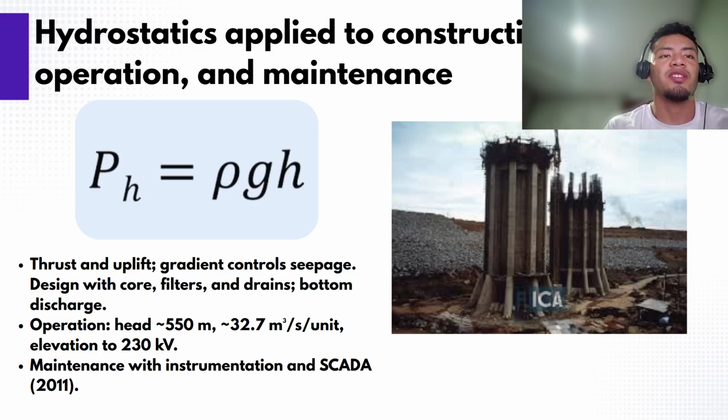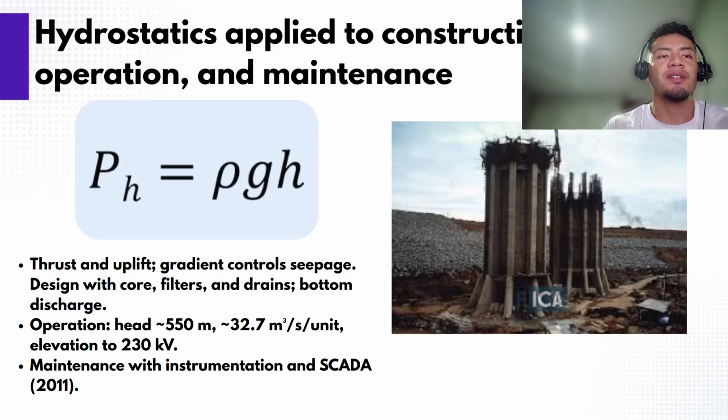In operation, intake towers and penstocks carry water to the Pelton turbines, each handling approximately 32.7 cubic meters per second. Power is stepped up to 230 kilovolts.